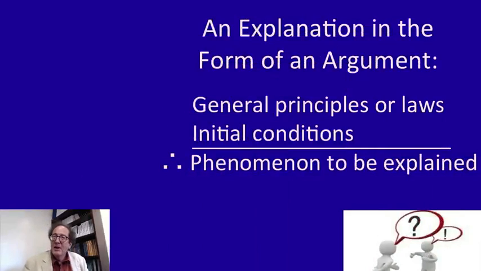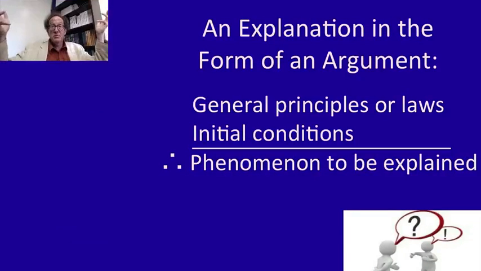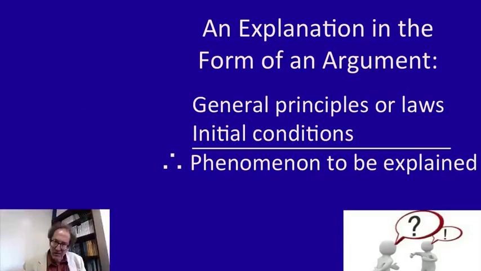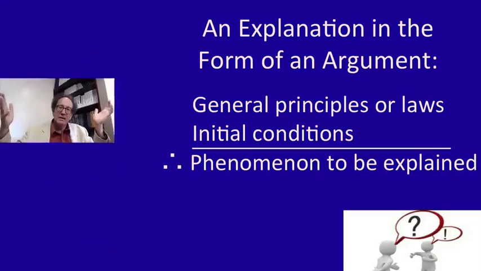For example, if we want to know why objects fall, right? So there's a book and it falls. We want to explain that. We need to cite a general principle. But notice that not all objects fall. Some objects actually rise. Helium balloons rise. So we need a principle that's going to explain why some objects fall and other objects rise.